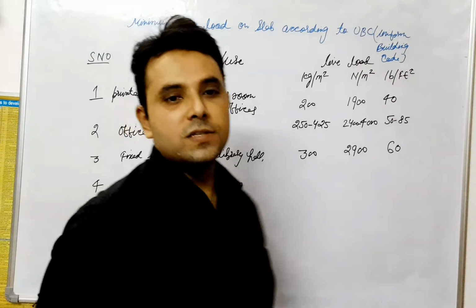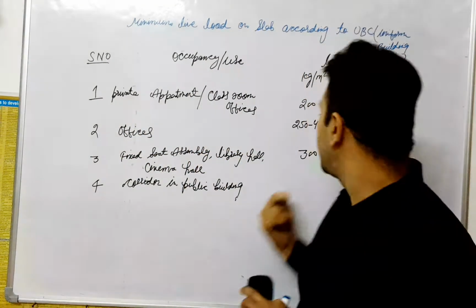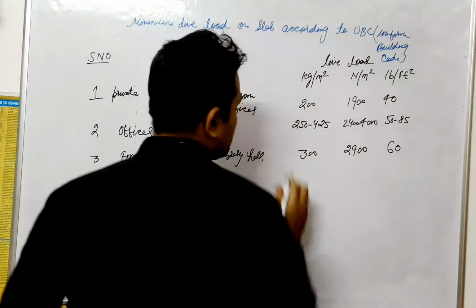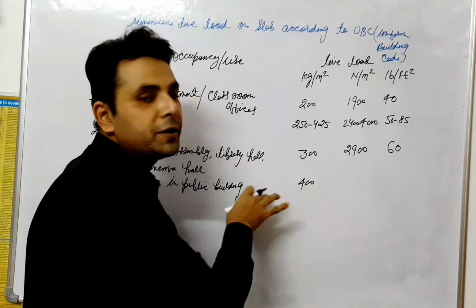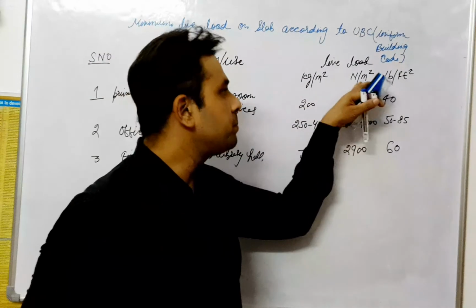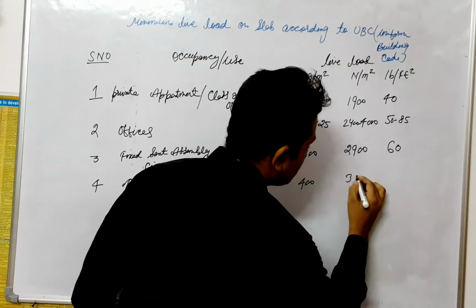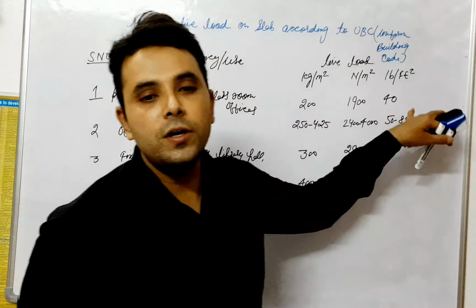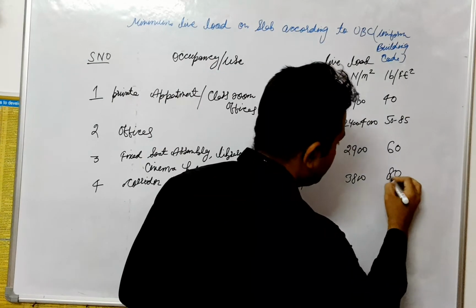So in that case, the value for kilogram per meter square is, sorry, in the case of corridor in public building, you have to take kilogram per meter square as 400. In the case of Newton per meter square, the value of live load is 3800. In the case of pound per square feet, you have to take 80.